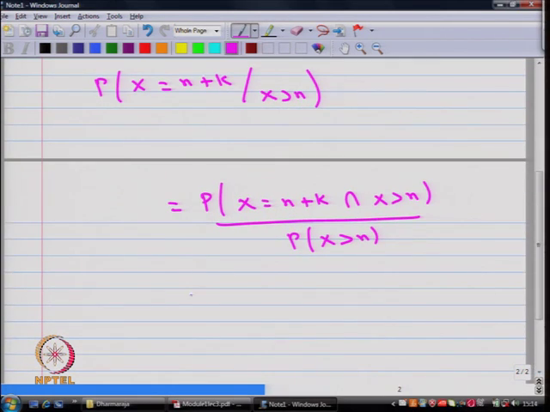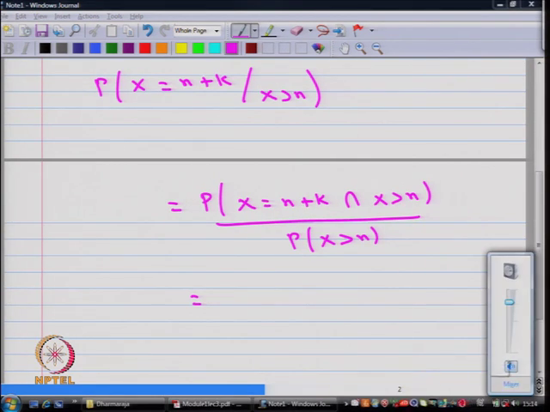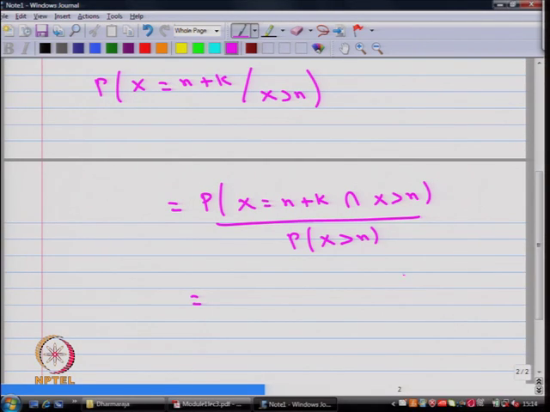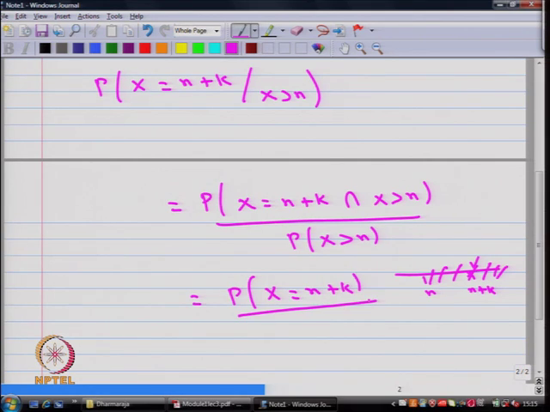In the numerator, X greater than n means all possible values, so the intersection is going to be the probability of X takes the value n plus k, whereas the denominator is the probability of X greater than n.